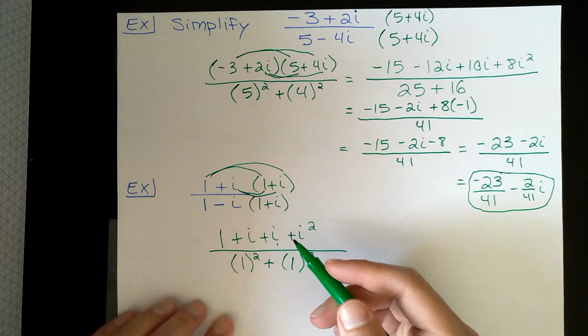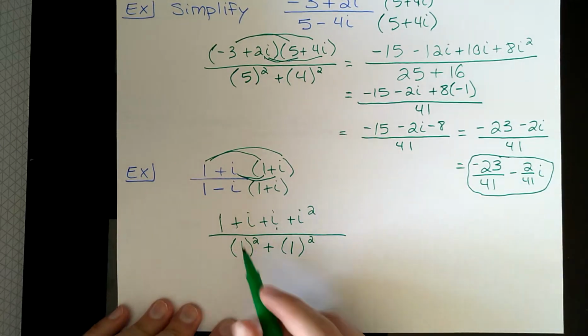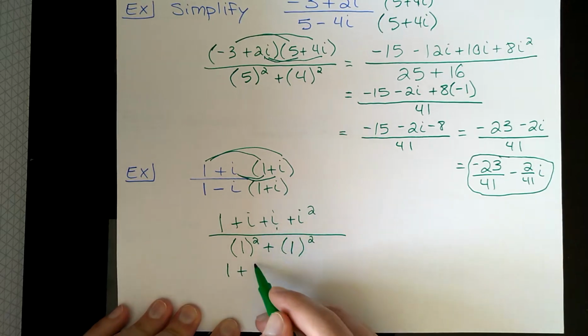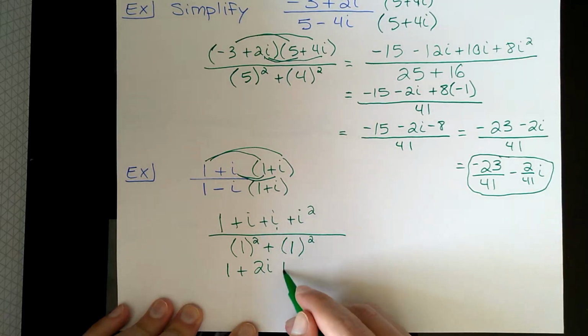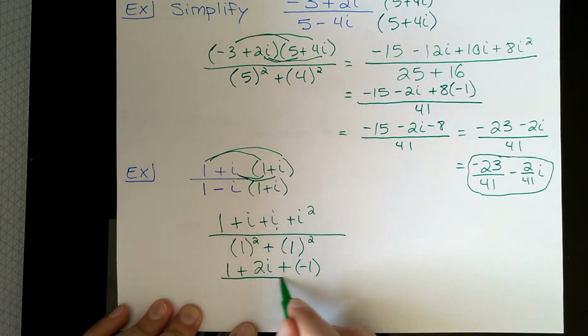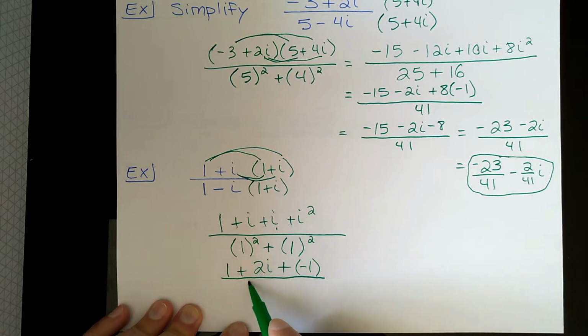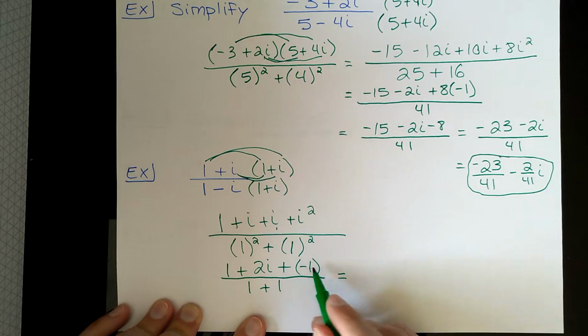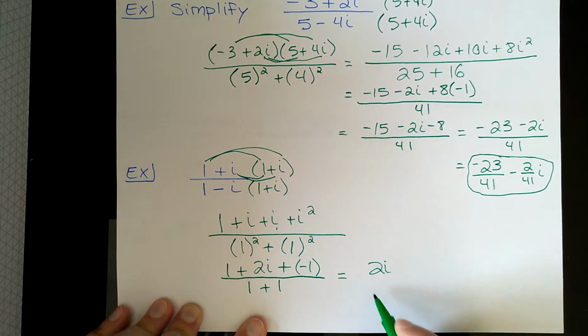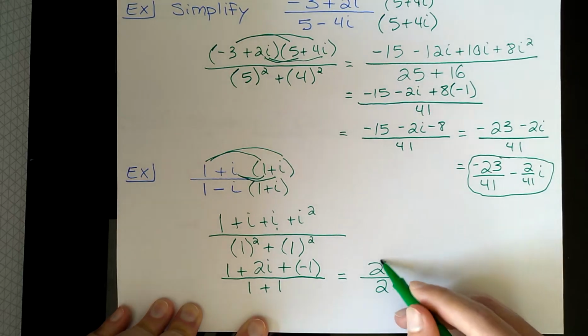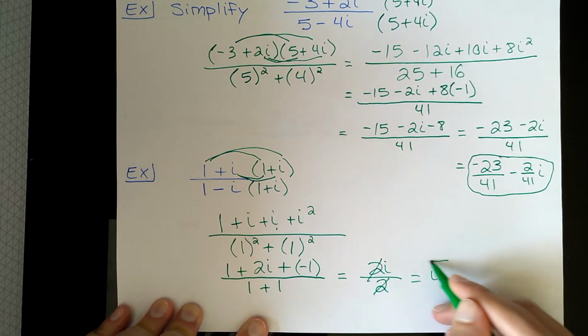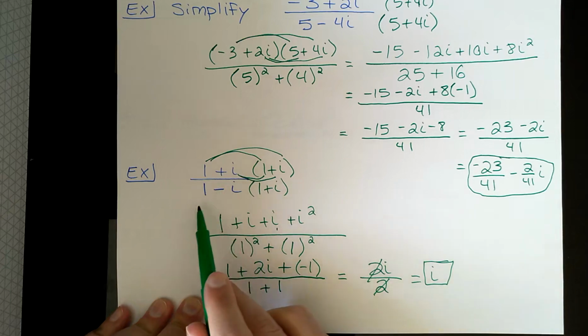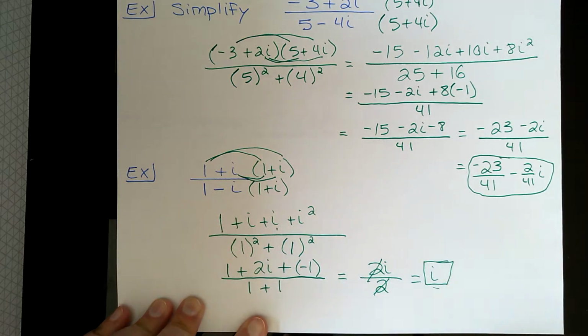So, simplifying this, we get 1 plus i is 2i, plus i squared is negative 1, all over 1 squared is 1, plus 1 squared is 1 again. 1 plus negative 1 will cancel off, leaving us with just that 2i in the numerator, over 1 plus 1 is 2, and the 2's will cancel, leaving us with just i. 1 plus i over 1 minus i is just another form for i.